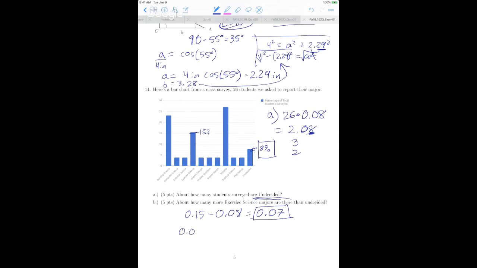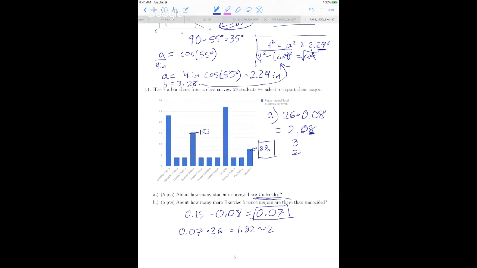So why don't we just go 0.07 times 26. And that gets me 1.82, or about 2. So no matter how you slice it, you get about 2 students difference.